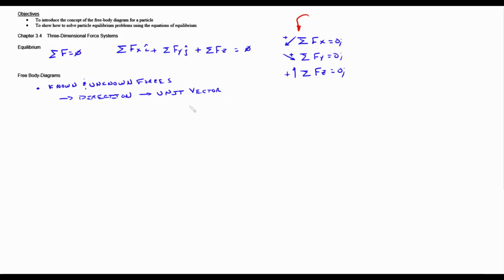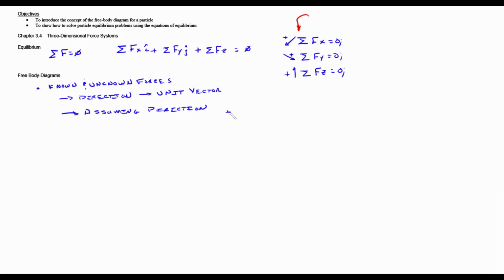Now, when we have a problem, we are showing our forces, our unknown forces, and we are assuming direction. Once we're done assuming direction, we show that on our free body diagram.